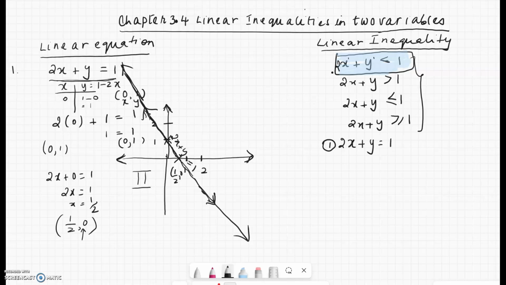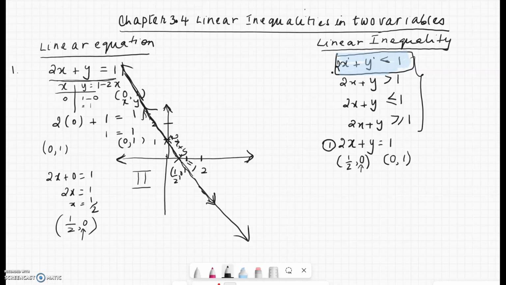So we said let's plot the x-intercept. The x-intercept is half comma 0. How do we find the x-intercept? By substituting y equals 0 into the equation, and we get x equals half. We plot the y-intercept, where we plug in x equals 0 and calculate the y.